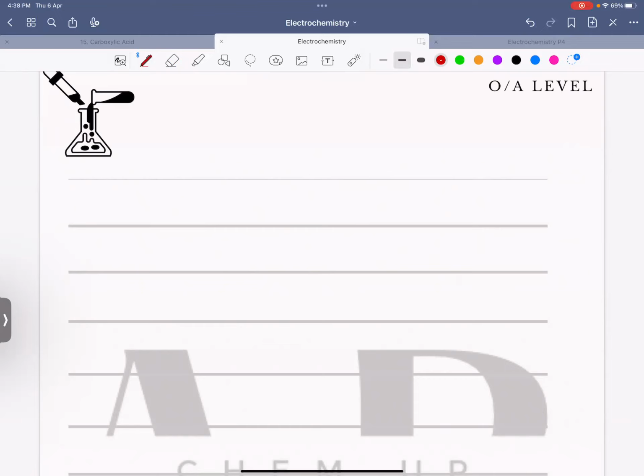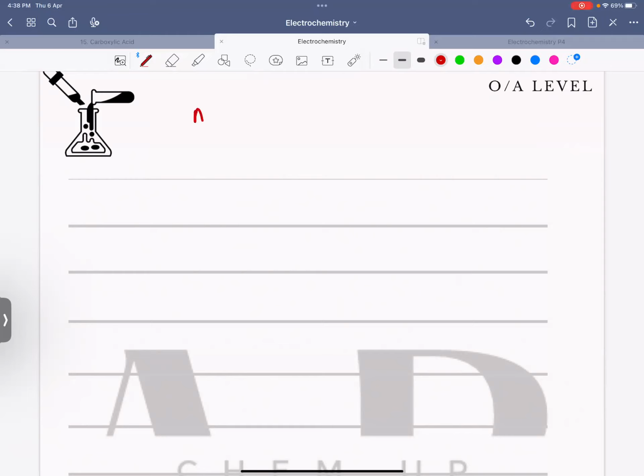Soleha, looking at a half equation, can you predict whether the forward reaction is exothermic or endothermic? Okay, but for a half equation, it is really very easy.